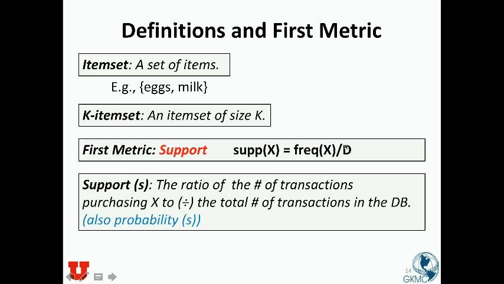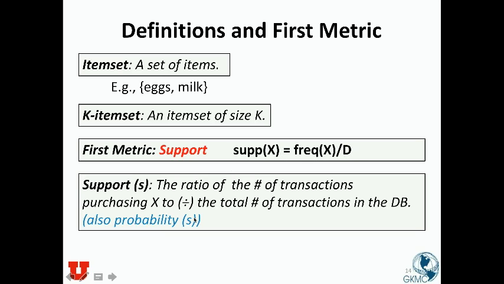So if the database size is D and the number of transactions that contain X is count of X, or frequency of X, the formulation is simply dividing this frequency by the size of the database.